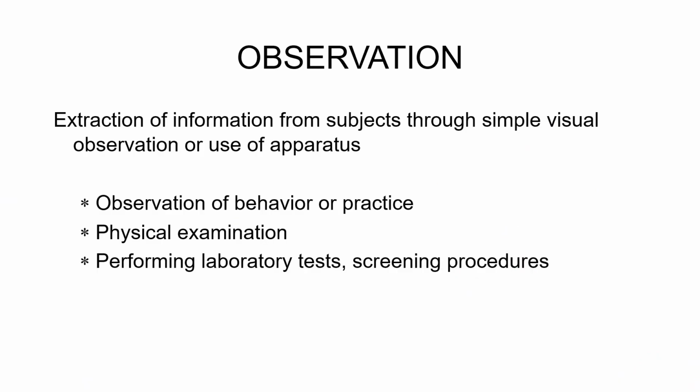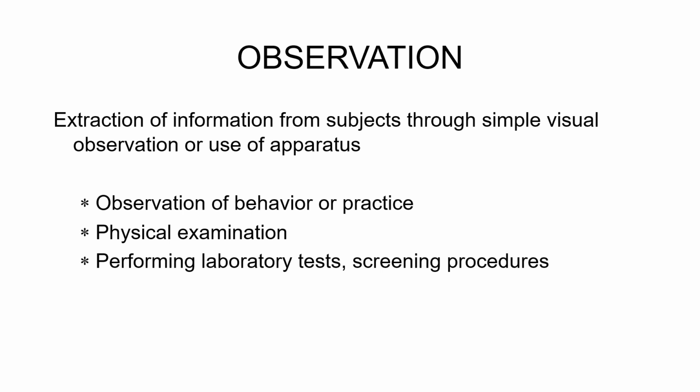Observation is extraction of information from subjects through simple visual observation or through the use of an apparatus. The available techniques are observation of a behavior or practice, doing a physical examination, and performing laboratory tests or screening procedures.